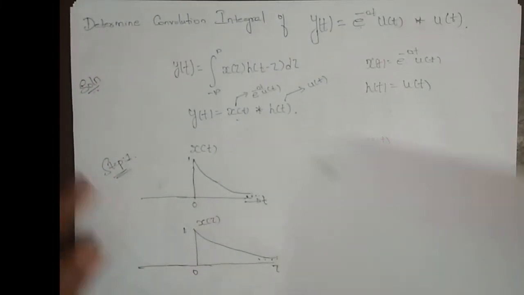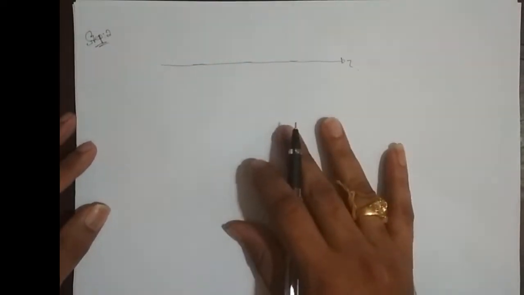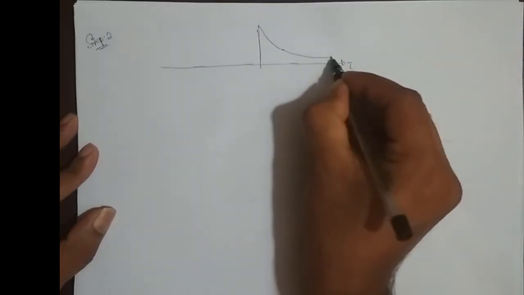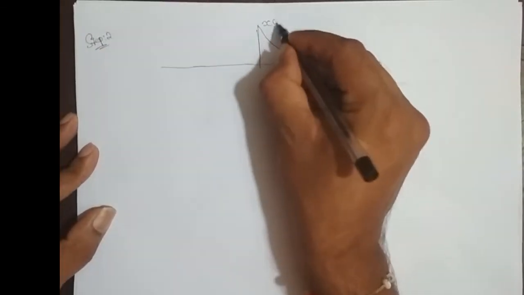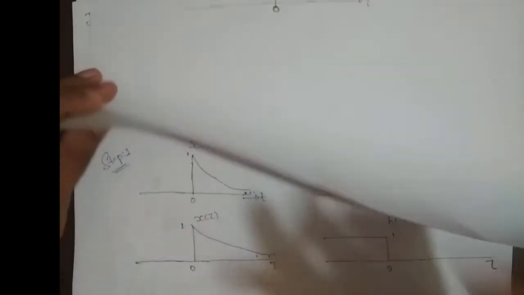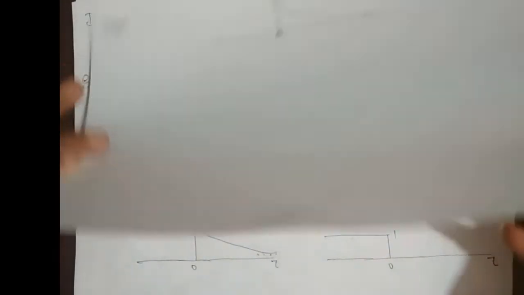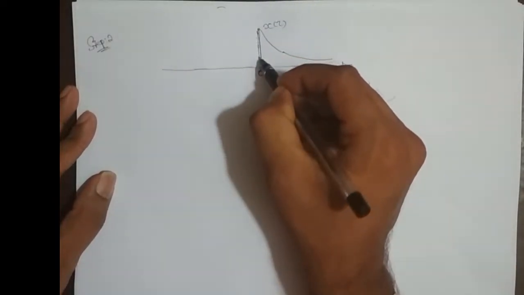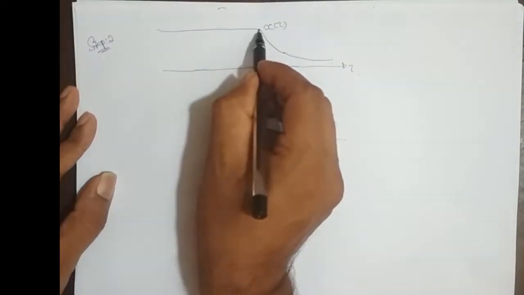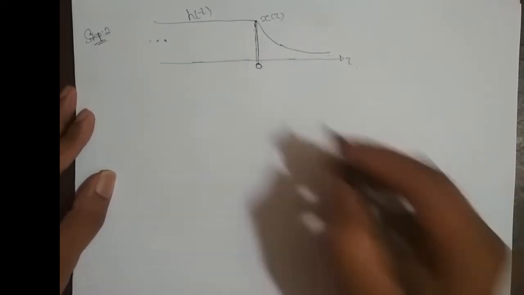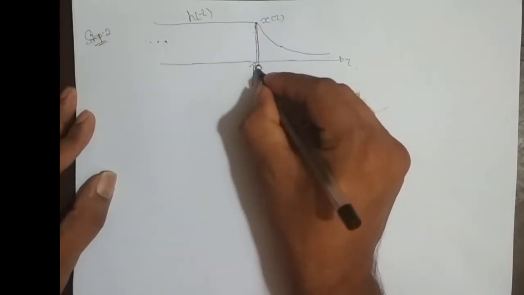X of tau does not change, it remains in that position, at 0. And what about h of minus tau? This is also at 0, and it goes to minus infinity. This is h of minus tau.